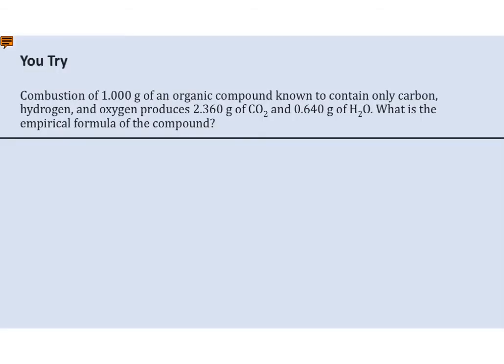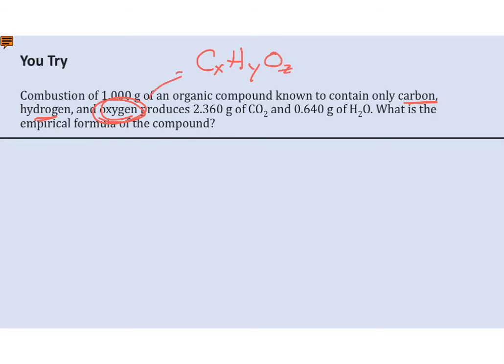Here's one for you to try. I am going to give you a couple of hints, but I'm not going to work it completely out for you. My hint is, look at this one. It's got carbon, hydrogen, and oxygen, okay? So from the combustion reaction, I'll just write it generically up here. So this is what we've got, okay?